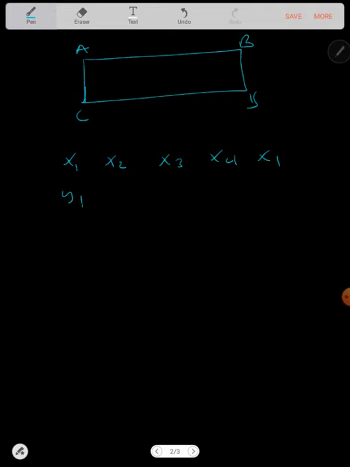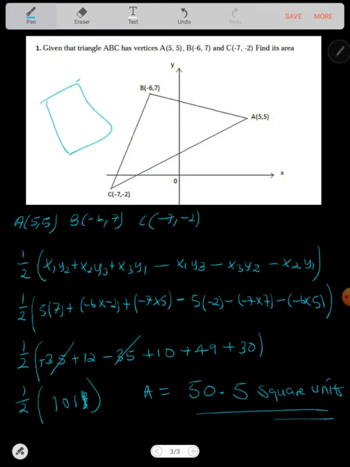We're going to have y1, y2, y3, y4, then y1. Once you come up with the formula, then you can calculate. So it's just the same. That's how you can find the area of a triangle in an XOY plane given vertices.